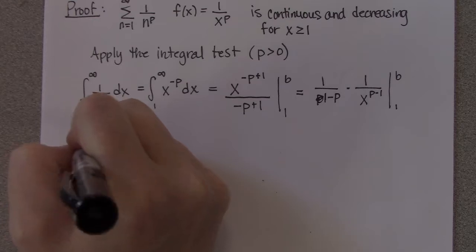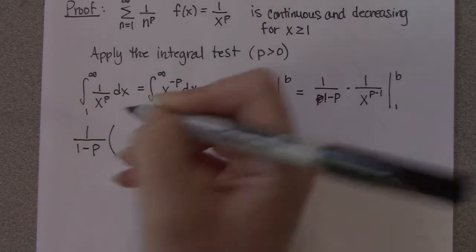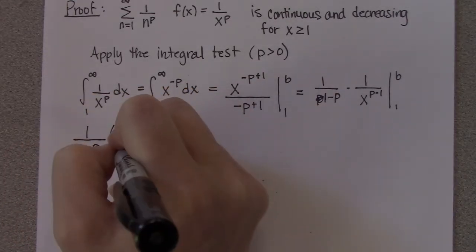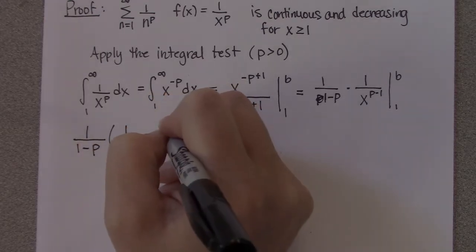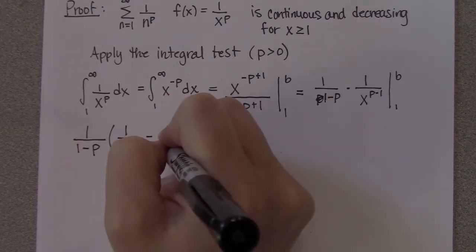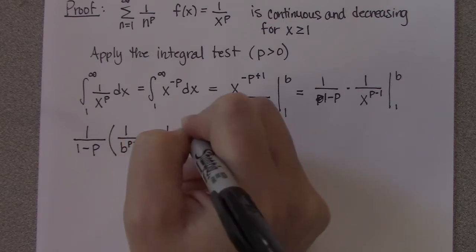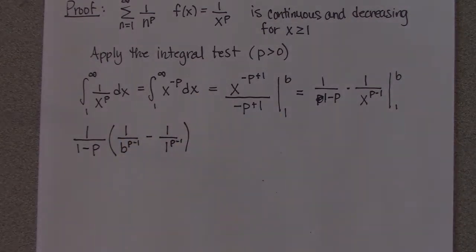So p is a constant, so I'm just going to factor that out front, and we're going to get 1 over b to the p minus 1 minus 1 over 1 to the p minus 1. So this is what I need to take the limit of as b goes to infinity.